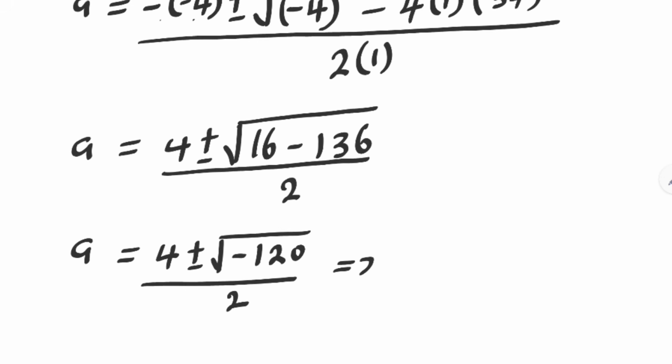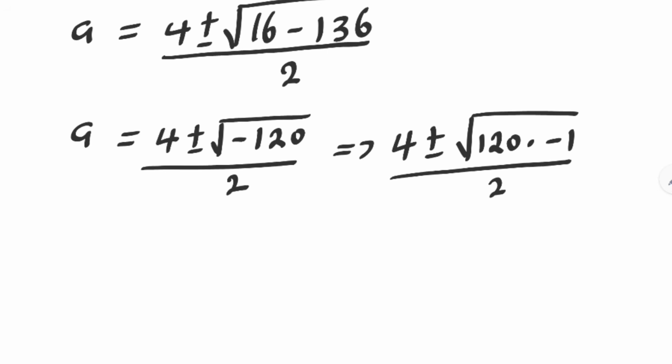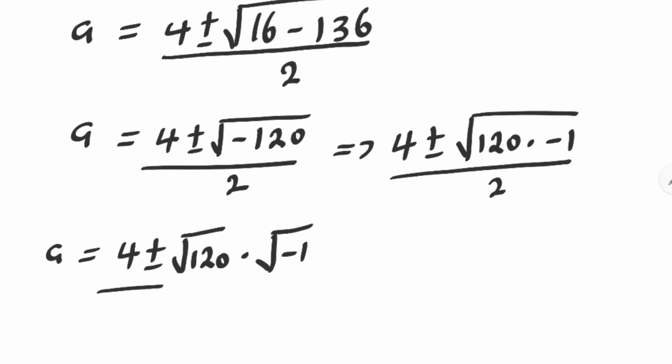This can be written as 4 plus or minus square root of 120 multiplied by minus 1 divided by 2, which is square root of 120 multiplied by square root of minus 1 divided by 2.